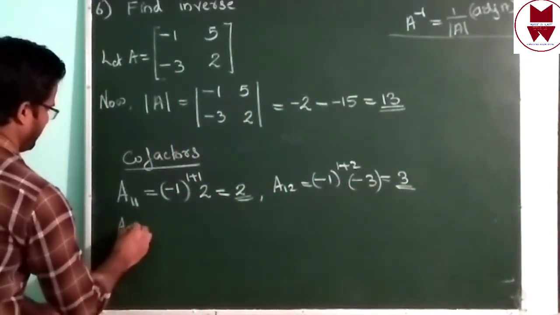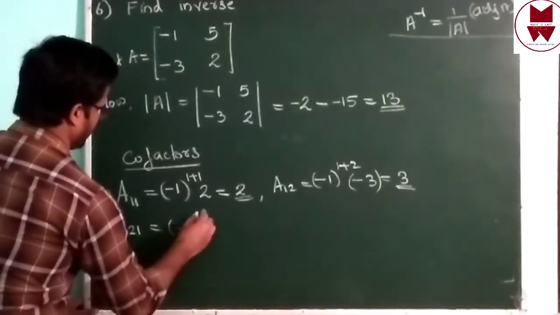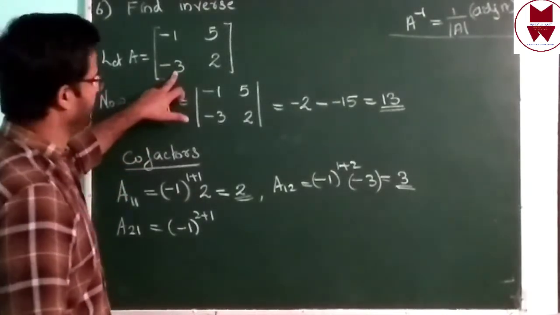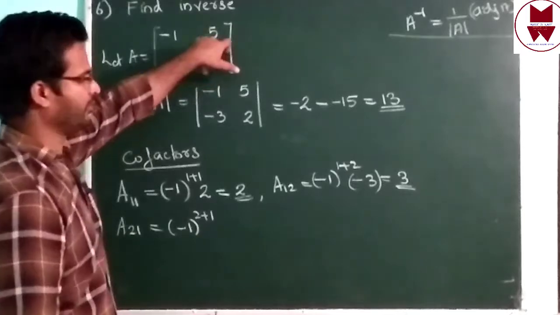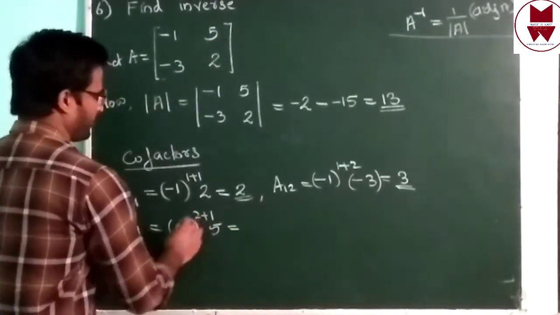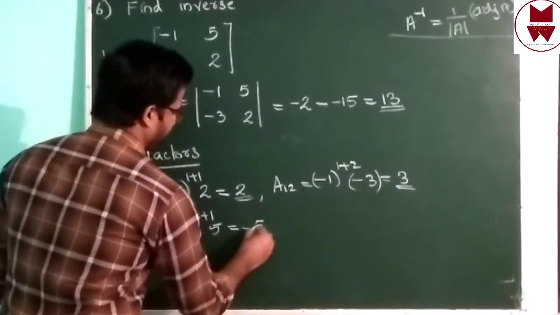Next, A21, minus 1 all raised to 2 plus 1. Delete the second row and first column, then remaining only 5. Minus 1 all cube is minus 1, into 5, you will get minus 5.